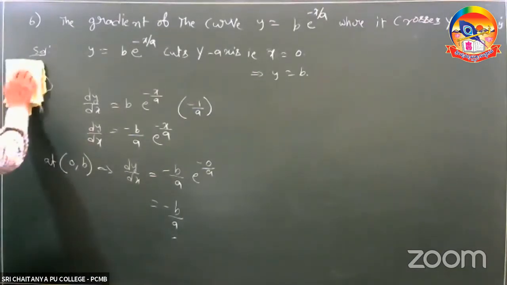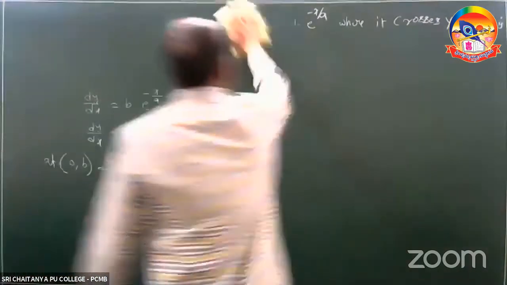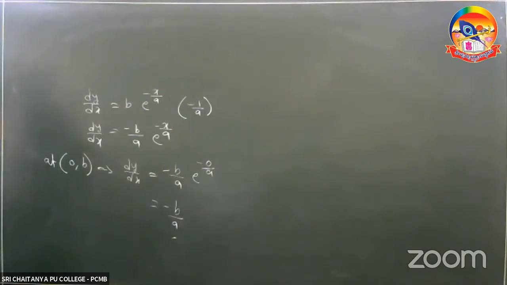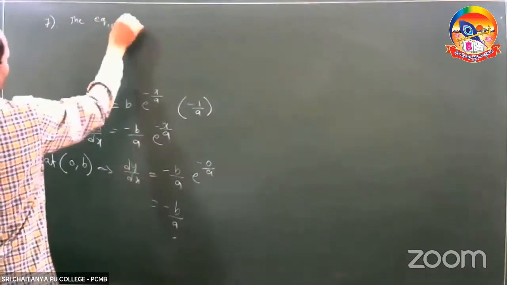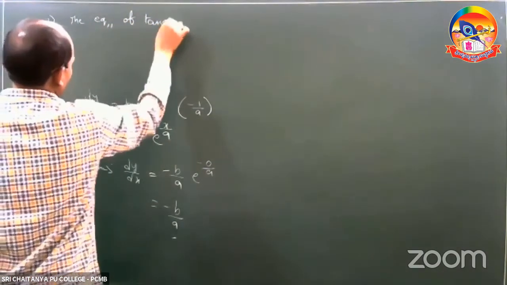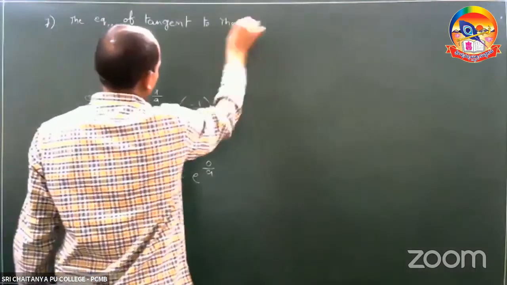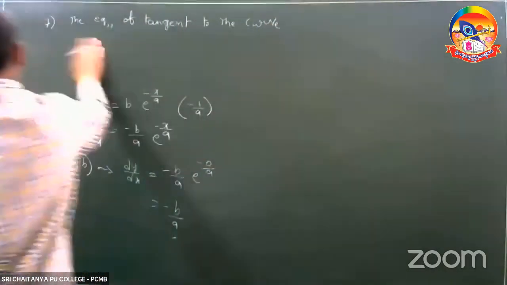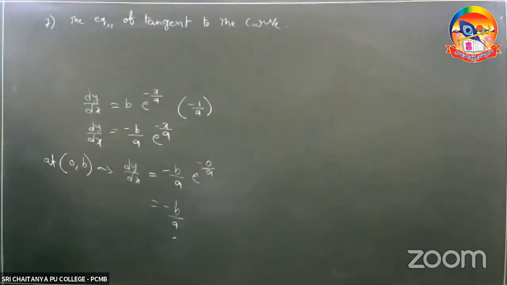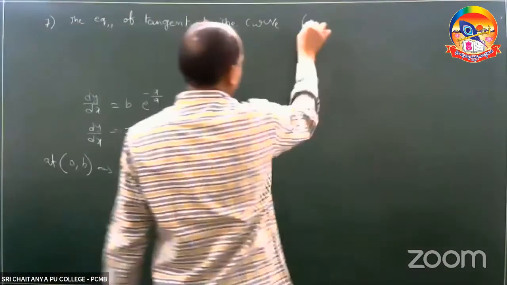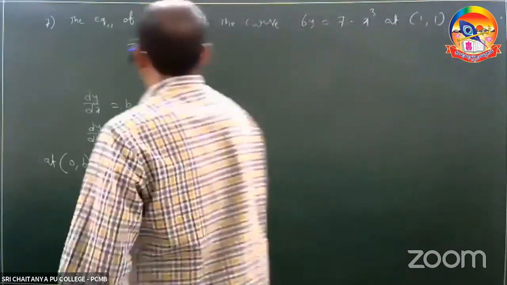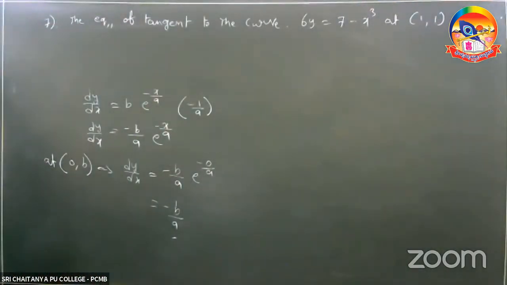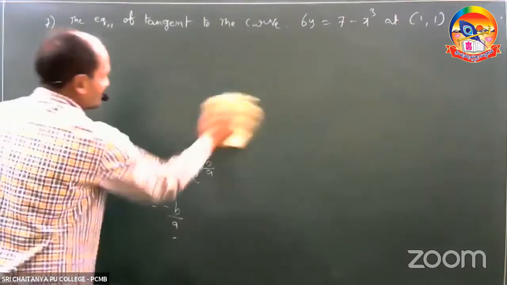Okay, right. Next, seventh question. The equation of the tangent to the curve 6y is equal to 7 minus x cube at 1 comma 1.